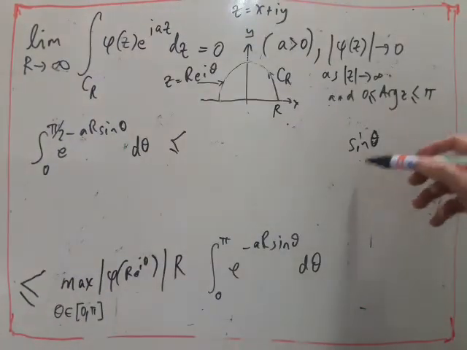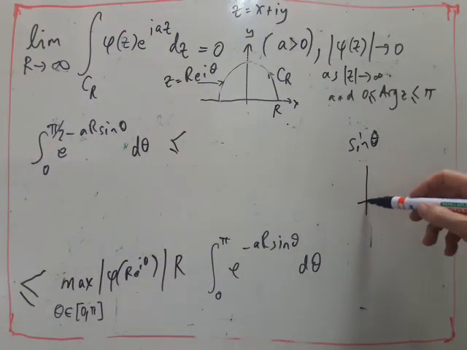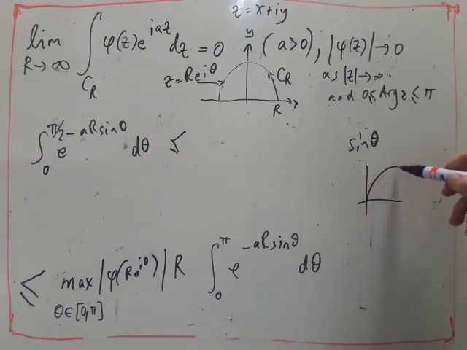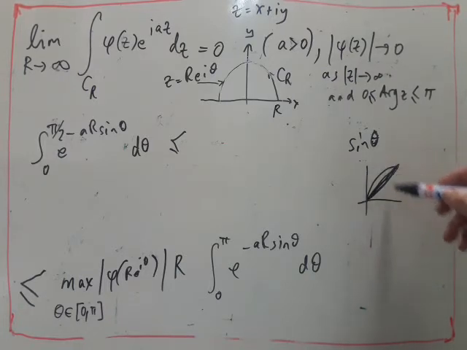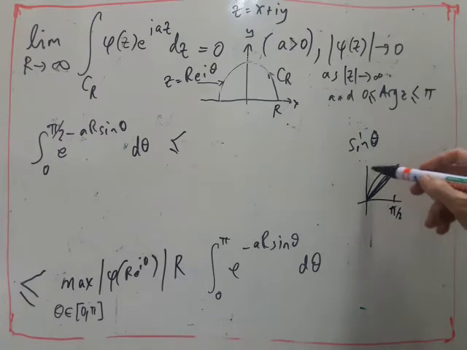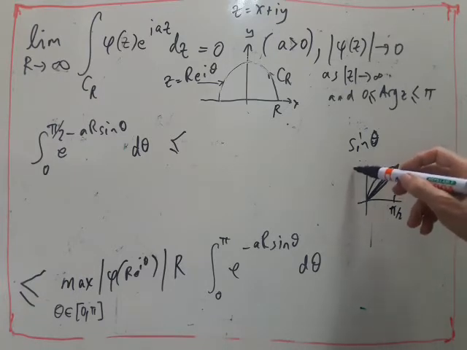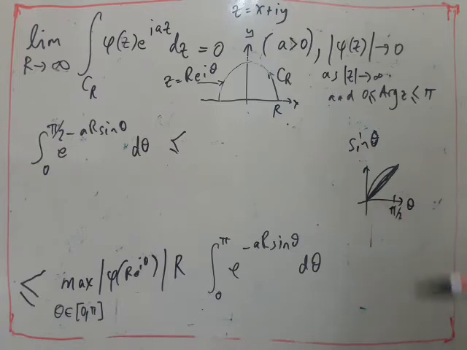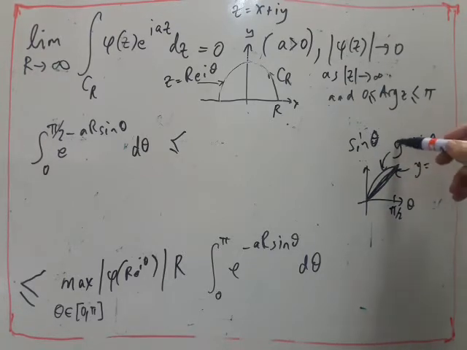But sine theta between 0 and 90 degrees looks like a curve like that. And so it's definitely more than the straight line which connects these 2 points. So if I got pi by 2 here and I'm plotting theta here, then this line here is y. This is y equals sine theta.